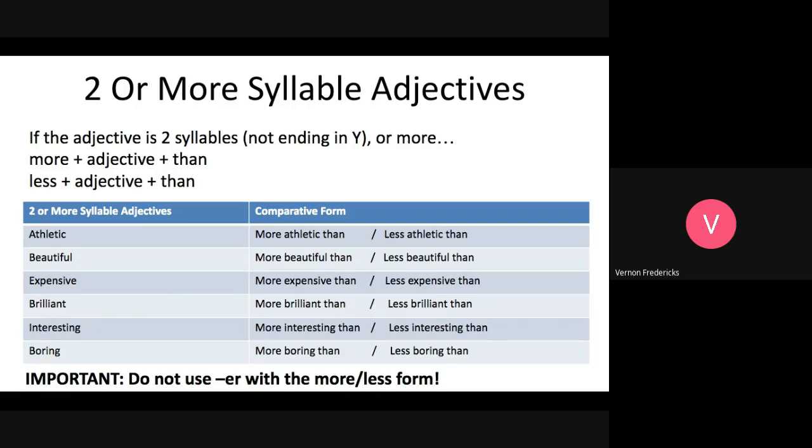Or, on the opposite, we use less plus adjective plus than. Okay, so two or more syllables, and then we have the comparative form.